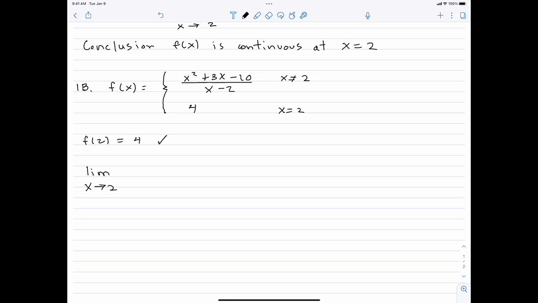So let's go and factor that. I'm going to get started here. The numerator looks like it's going to be x plus 5 times x minus 2. Let me double check. x squared, yep, looks good. The denominator is x minus 2. So I think you guys would agree, I'm going to be able to cancel out an x minus 2 from both top and bottom.